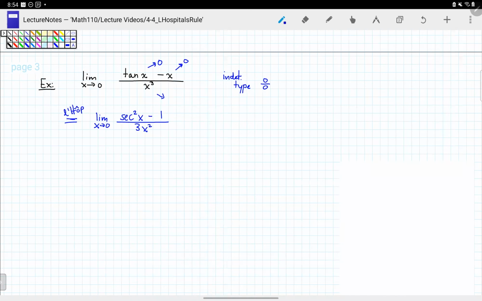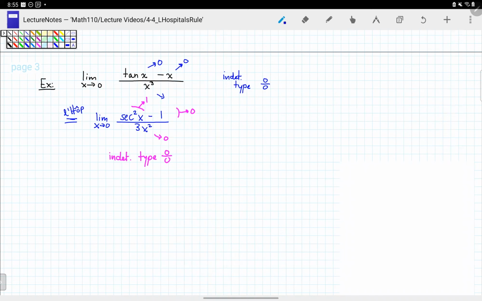So now I want to evaluate this again by direct substitution. At x equals 0, secant is 1 over cosine, so cosine of 0 is 1, so this is going to 1, and so the whole numerator is going to 0, and the denominator is also going to 0. So this is still an indeterminate form of type 0 over 0.